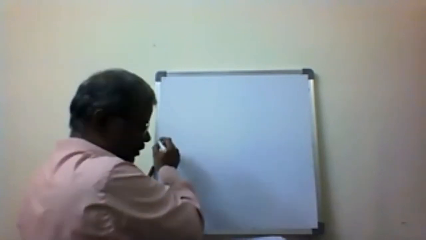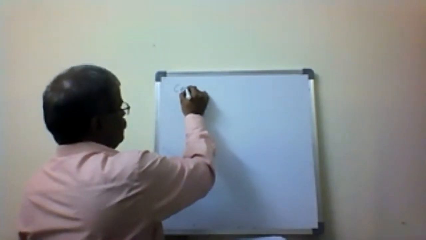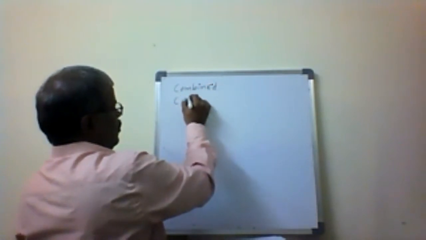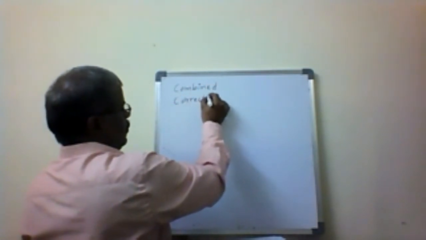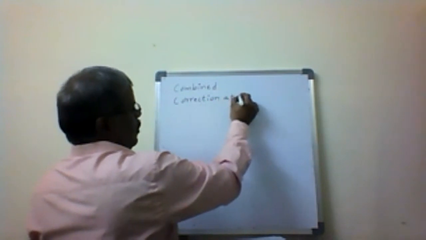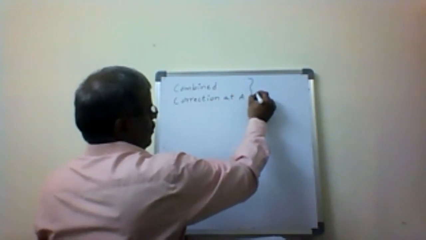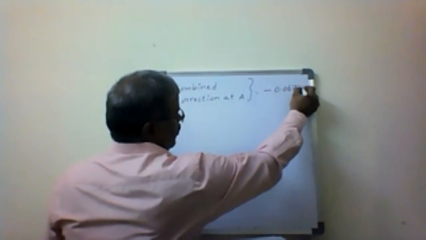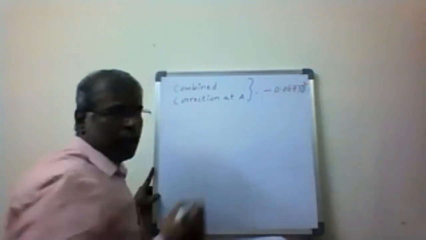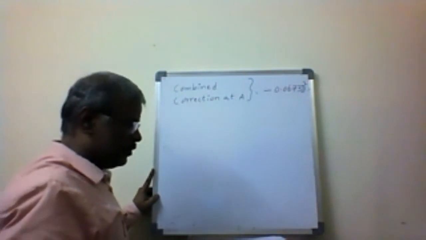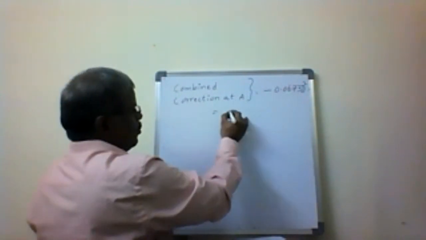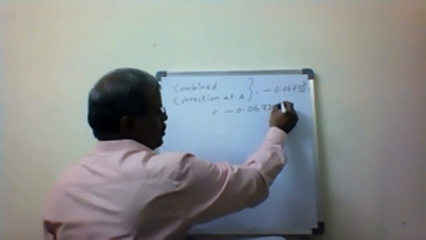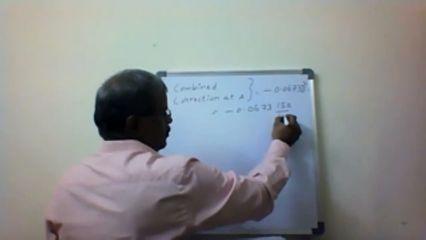So the combined correction at A is minus 0.0673 d square.